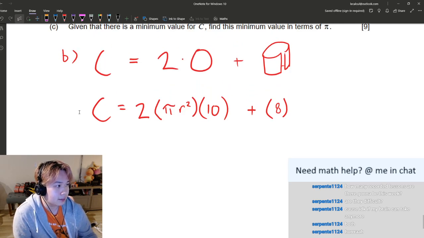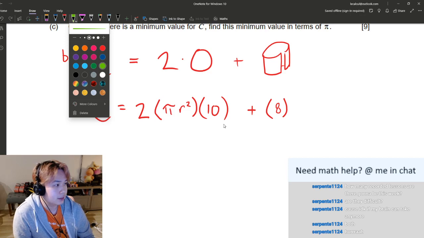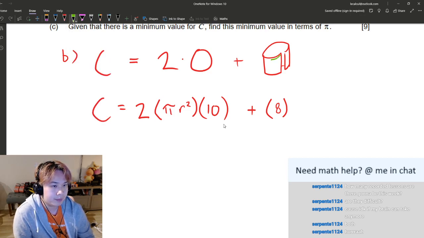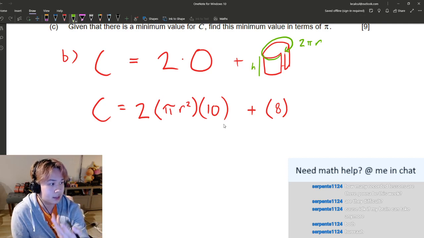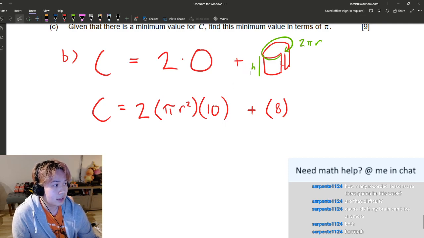Now, what's the area of this? Well, this is some stuff that you should have remembered from your basic geometry. This is the circumference of the circle, which is 2 pi r, and this is the height, which is h. The wall is essentially just a rectangle that you roll up with the length being 2 pi r and the width being h.